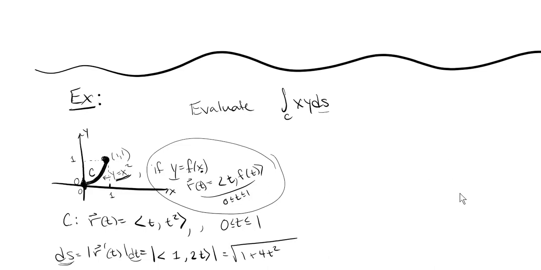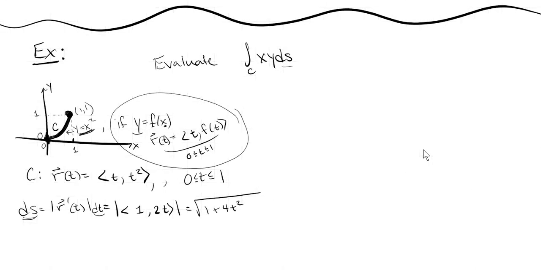Okay, so let's continue on here. I think we've got all the parts. Let's just plug this in. From 0 to 1, we need x times y on this parameterization. X is t, y is t squared, so that's x times y on the parameterization.